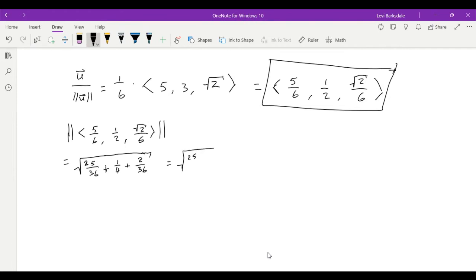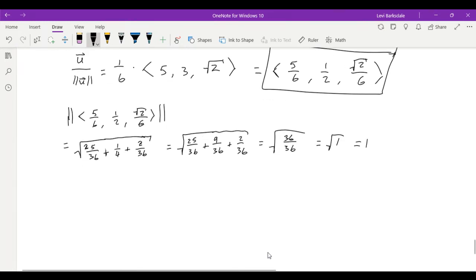That's the square root of 25 over 36 plus 1/4 is 9 over 36 plus 2 over 36. And this gives us 25 plus 9 is 34 plus 2 is 36, over 36, which is just 1. So this vector has a length of 1, so we can say it's a unit vector.